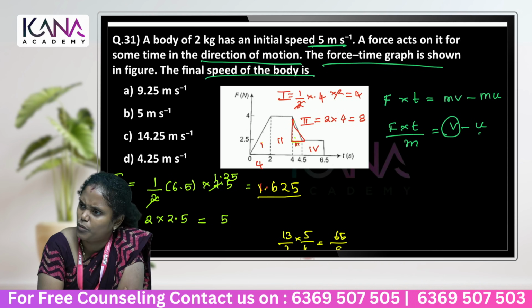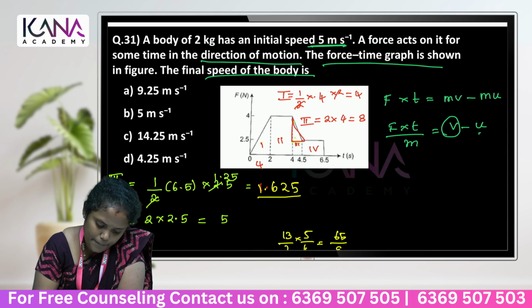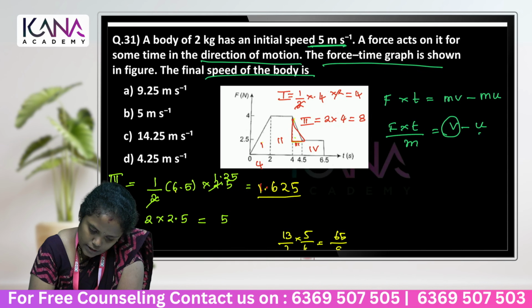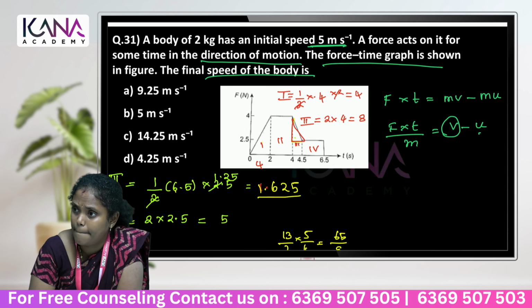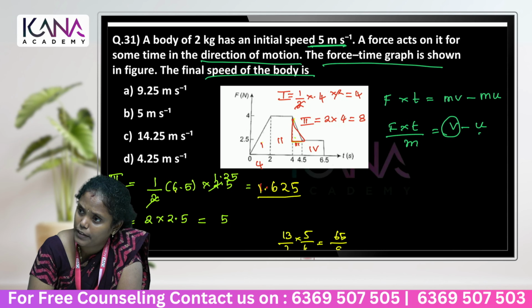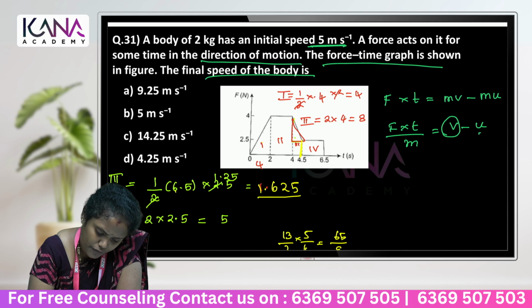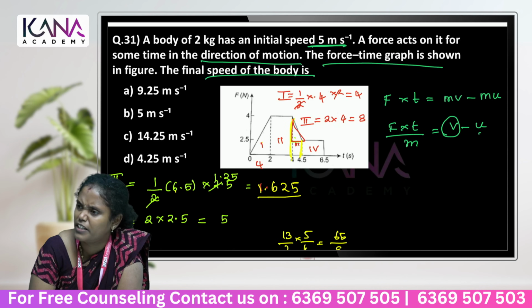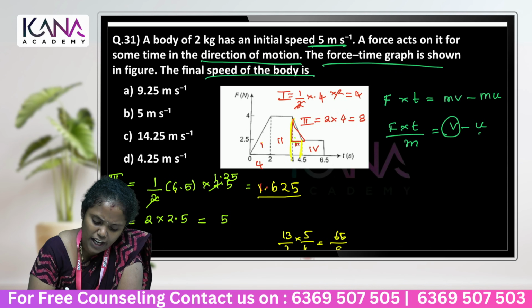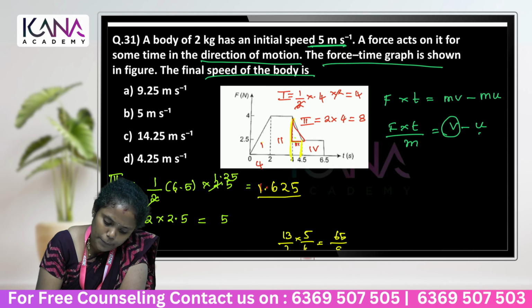Such a small value, what is 6.5? This trapezium, triangle plus rectangle, trapezium is half into sum of its opposite sides into height. Sum of opposite sides here is 2.5 and here 4, 4 plus 2.5 is 6.5. So half into 6.5 into height. Oh, I took 2.5, this is 0.5.